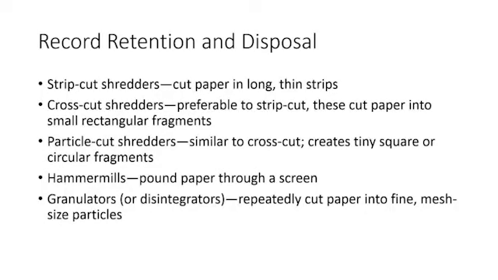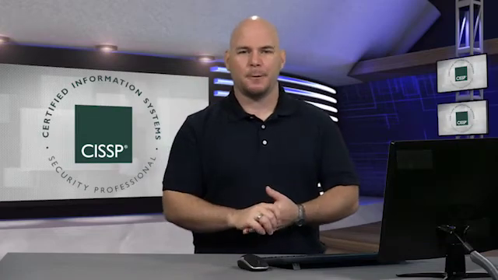Now we also have something called a hammer mill. I don't have any first-hand knowledge of that, but it pounds paper through a screen. So we have a screen here, and it's hammering, hammer mill. It's pounding that information through that screen. And if you think about a screen, those holes are extremely tiny. I don't want to say it liquefies the paper, but it's going to make it into powder pretty much.